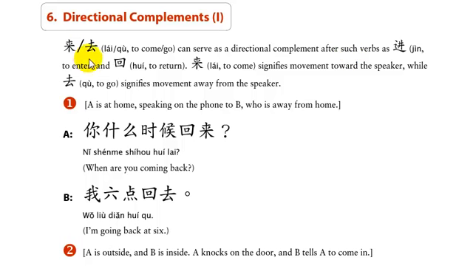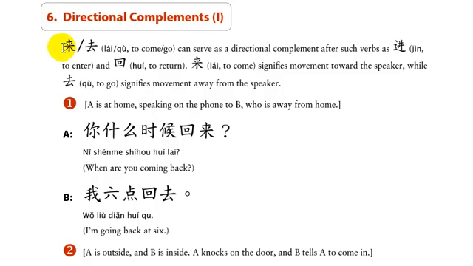All right, directional complements. You know now that 来 and 去 mean to come and go. And they can serve as a directional complement, kind of like phrasal verbs in English, like I want to go out, or please come in. We use out and in, these prepositions, as directional complements with verbs.